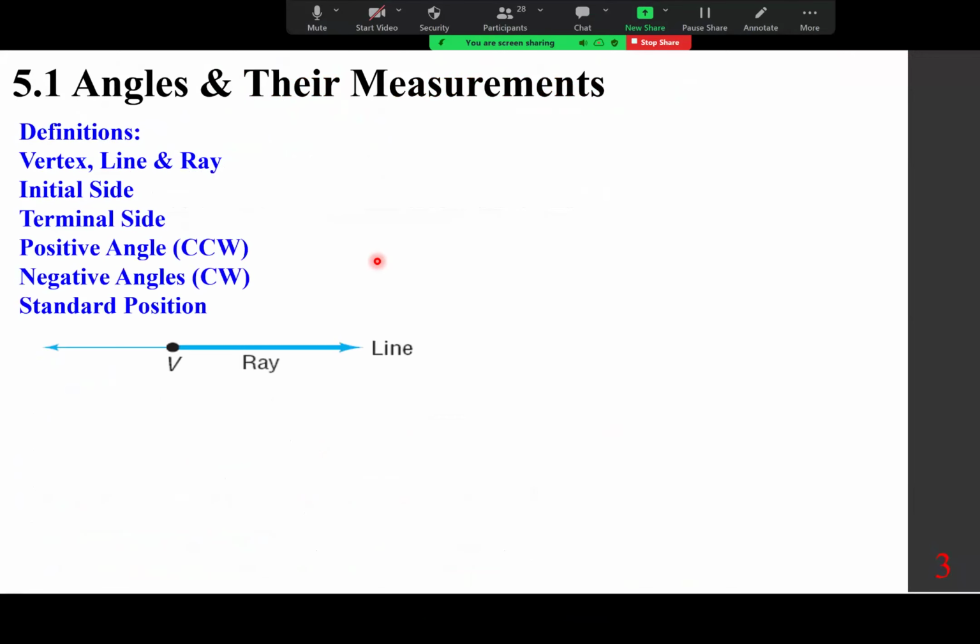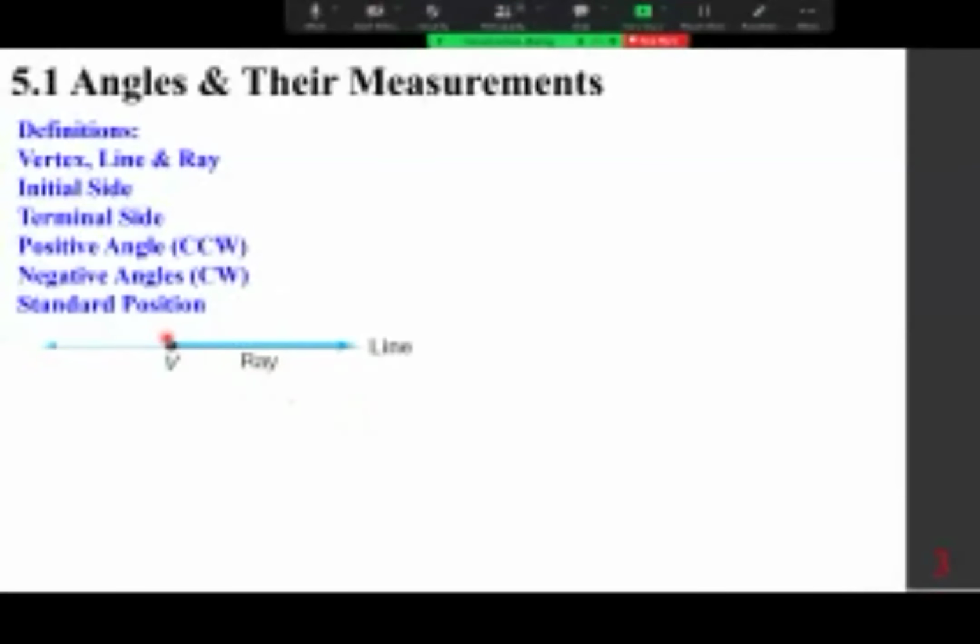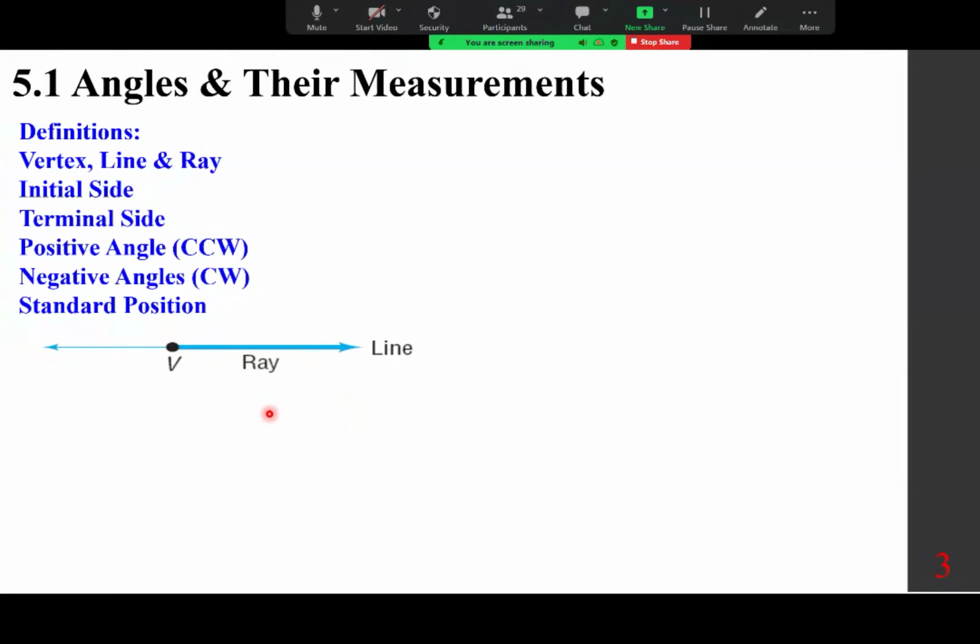Here are the definitions we want to look at. Vertex. So this is the location of a vertex. Here's a line, which continues indefinitely on both sides. Ray, also known as a half line. This is also the initial side.